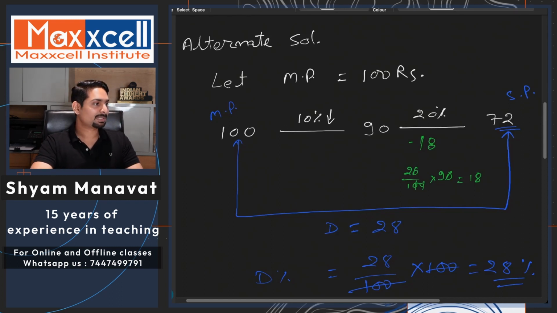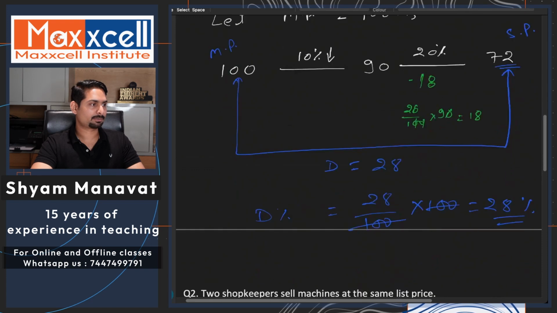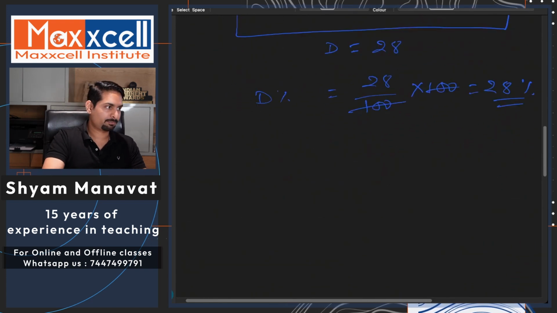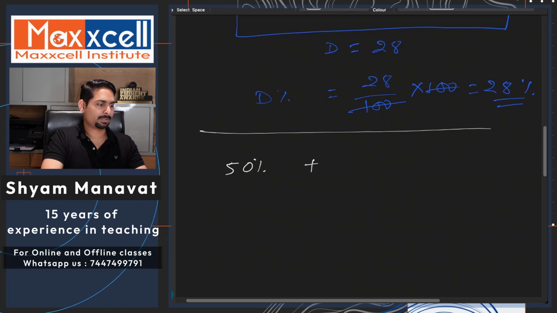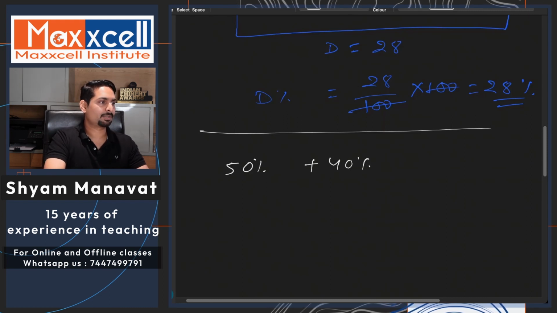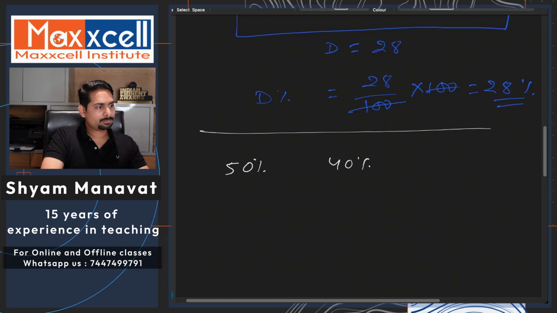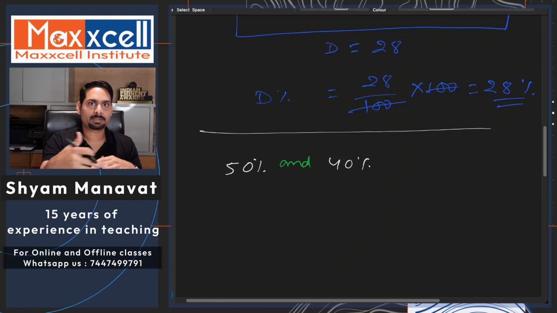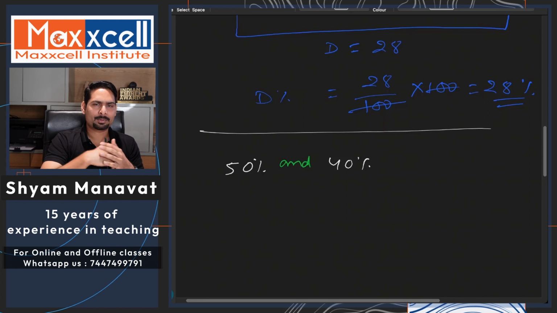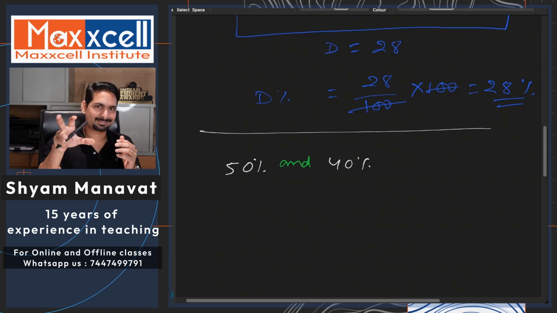The number one example which I gave you at the beginning, 50 plus 40. Tell me, if you have 50 plus 40 as the successive discount given, 50% and then 40%. Look, if the shopkeeper has to give you 90% discount, then why are they going to write 50% plus 40%? They could have written 90% directly, right? So something is wrong, right?